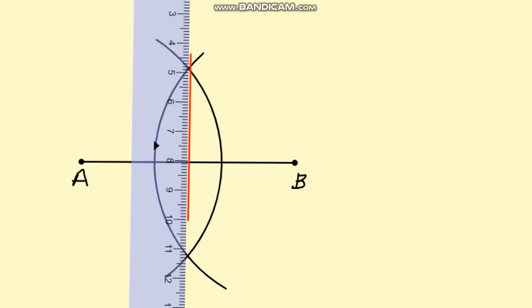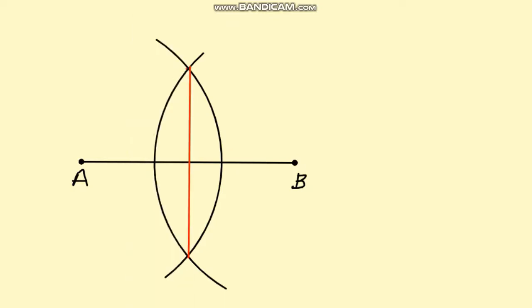Now see, this is how we have joined these 2 points. You were supposed to have 3 points, that is P, Q and R. So this will be the middle point, that is Q.